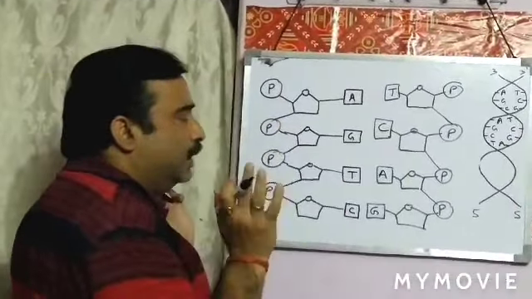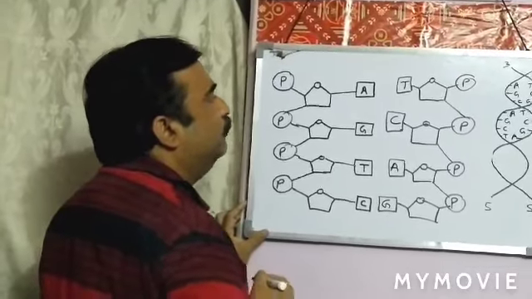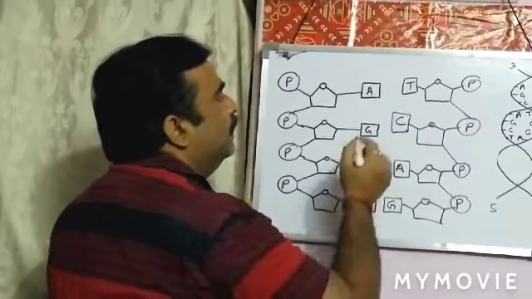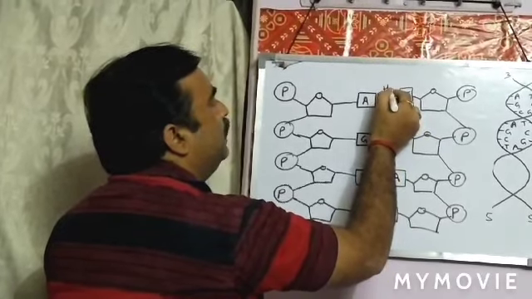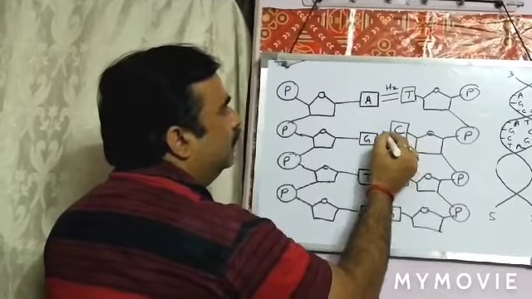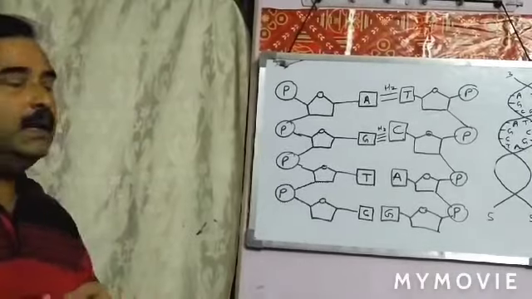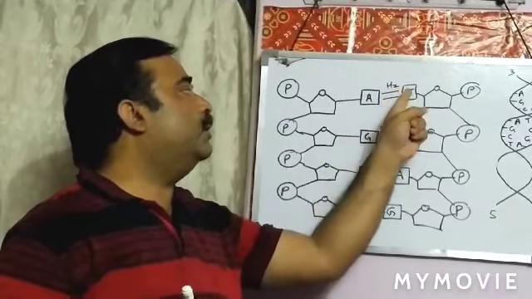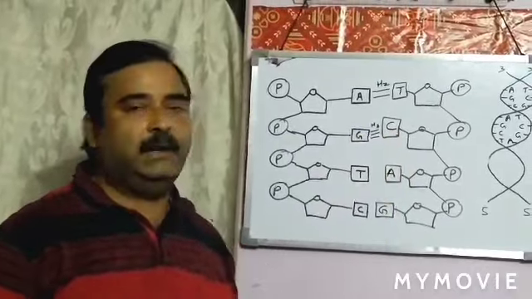The other thing is that both helices are joined with each other by weak hydrogen bonds. In between adenine and thymine there are two weak hydrogen bonds. In between cytosine and guanine there are three weak hydrogen bonds. So adenine is complementary of thymine, guanine is complementary of cytosine.